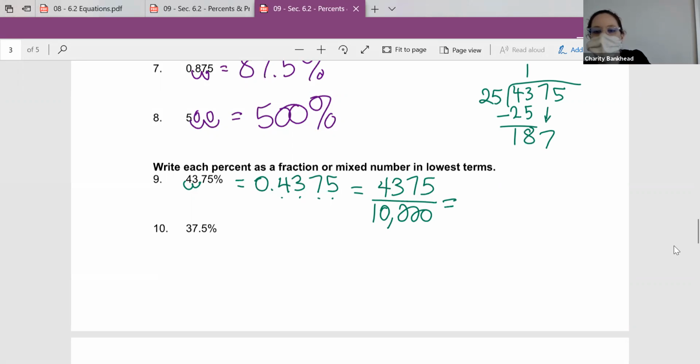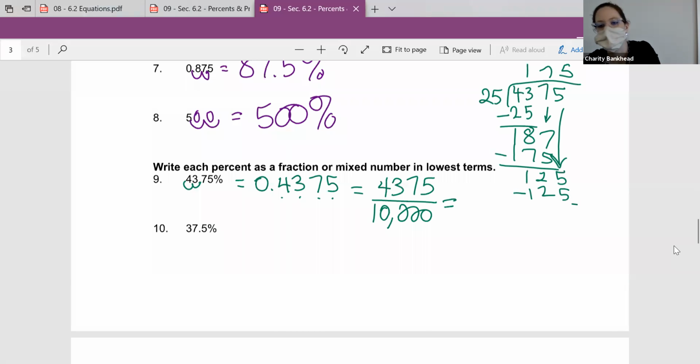Bring down the 7. 25 would go into that 7 times. That would be 175. Then bring down the 5. And 25 would go into 125 5 times. All right, so that gave me 175 on the top.